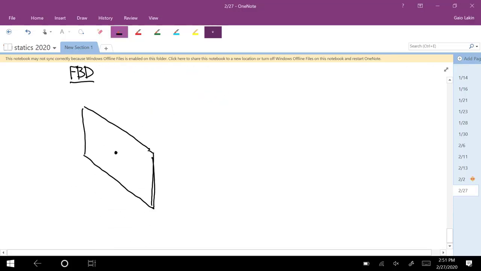There's a weight force that's equal to 50 times 9.81, so 490.5. And then there are two cable forces. One goes this way, I'll call that TA. And then the one at the end goes this way, I'll call that TB.